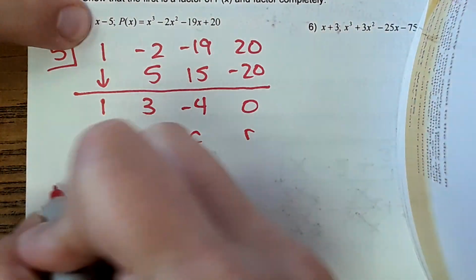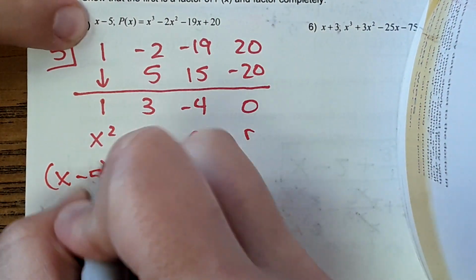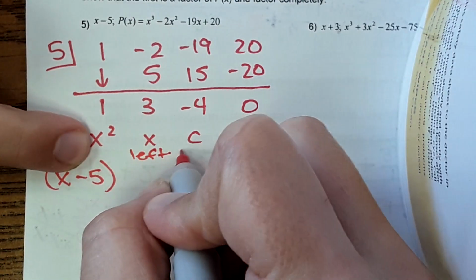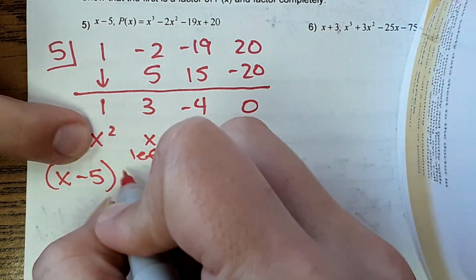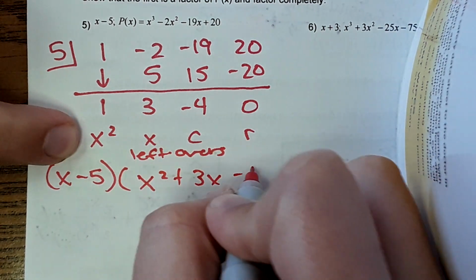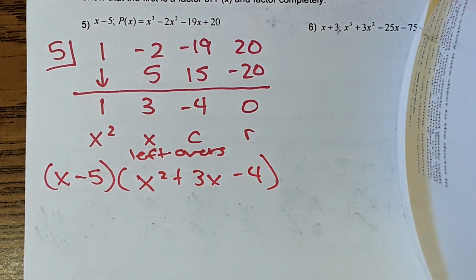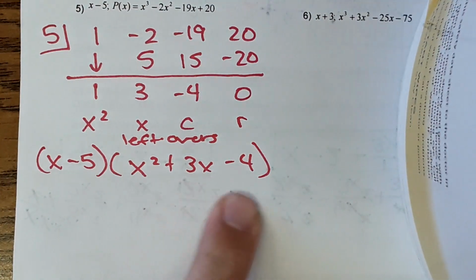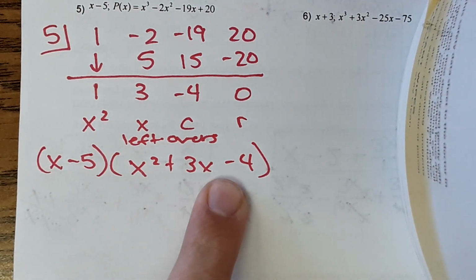So first we have the first factor of x minus 5, which we were given. And then after we factor that out, these are the leftovers over here, which would be x squared plus 3x minus 4. And then for this problem, they want us to also put this into 2 factors.